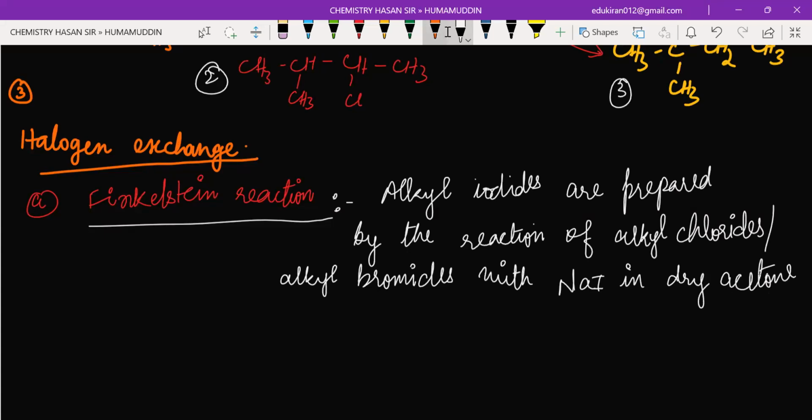Basically, if there is an alkyl halide, you need to react it with sodium iodide in the presence of dry acetone.